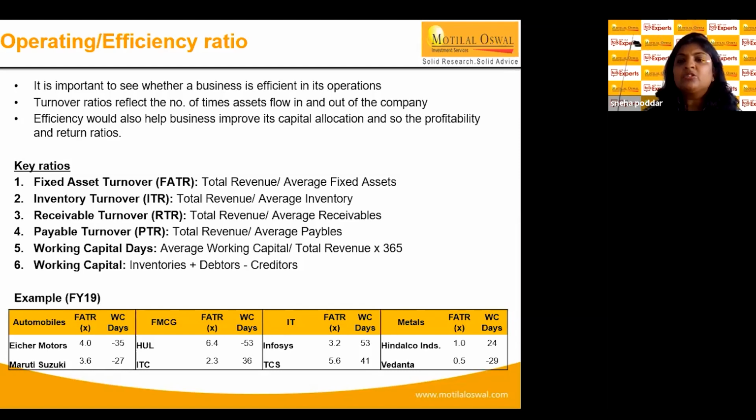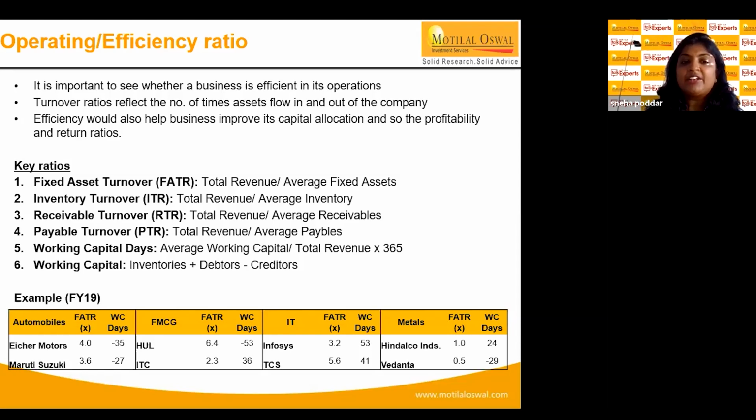1 to 2 times means that the company is not able to generate revenue very quickly, and thus it would always require a lot of investment into fixed assets to keep generating higher revenue. Whereas if it's a healthy ratio, that is 3 to 4x, then from the same fixed assets the company can generate higher revenue.